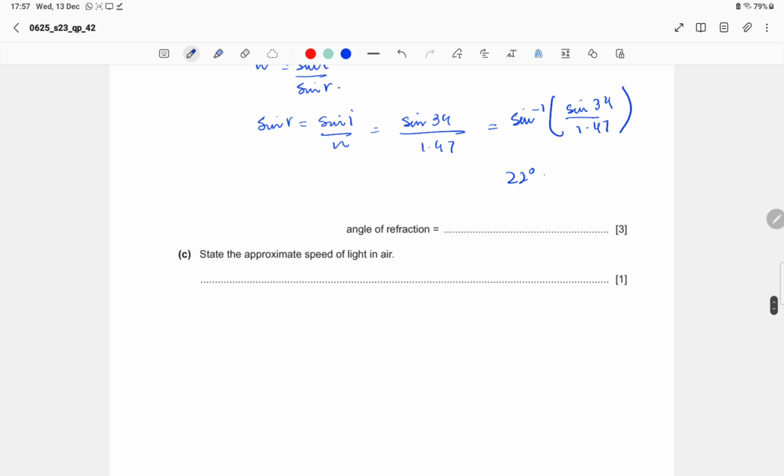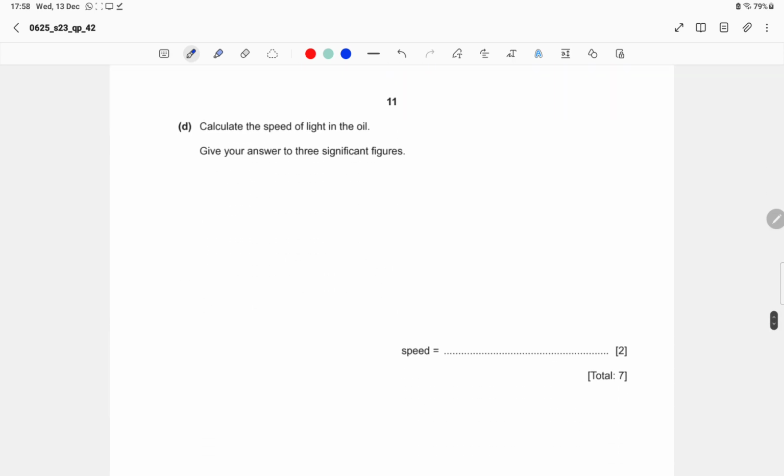State the approximate speed of light in air. You have to remember this because it's going to come in your other questions as well. Calculate the speed of light in oil. Give your answer to three significant figures. You know this formula: speed of light in air divided by speed of light in oil equals n.